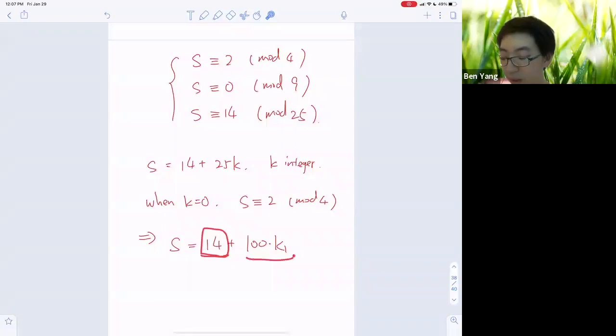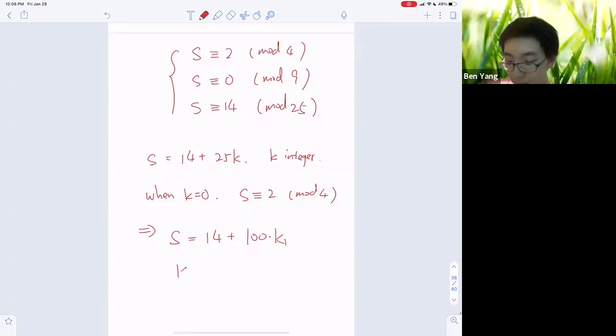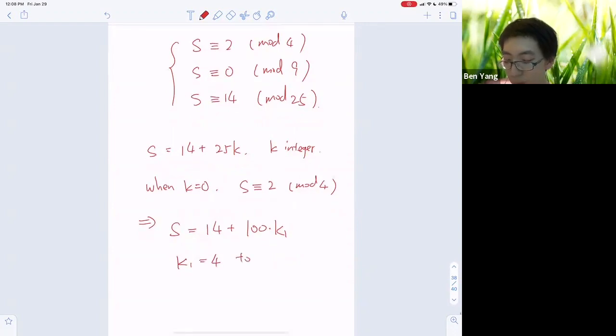So what we need here is a 4 mod 9. But 100 is equivalent to 1 mod 9. So that's why we need to take this K1 to be equal to 4. So K1 is equal to 4 to have S equivalent to 0 mod 9.